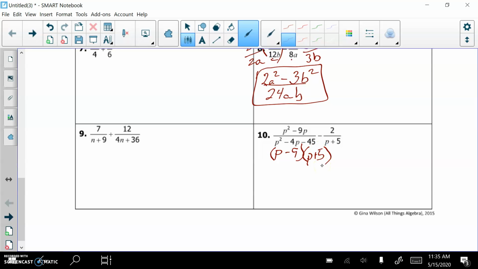Okay, second fraction has a p plus 5, so our common denominator is p minus 9, p plus 5, which means this is set, p squared minus 9p.